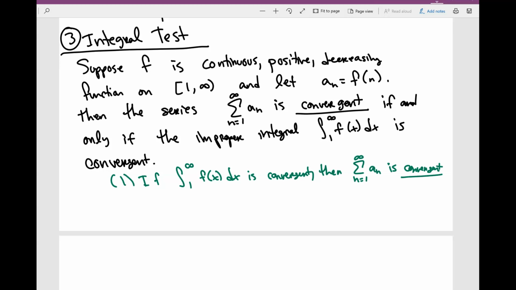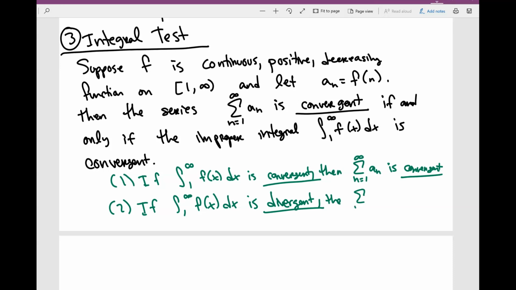Okay, so if the integral converges, so does the sum. And also, if the integral from 1 to infinity of f of x dx is divergent, okay, so if it diverges, then the sum from n goes from 1 to infinity of a sub n is also divergent.